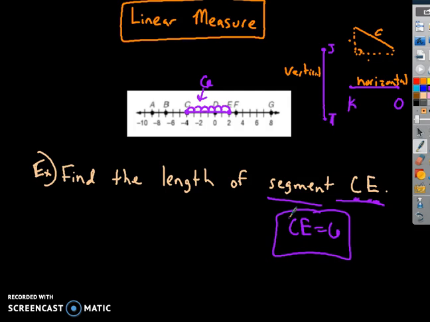Now, the formula for finding a horizontal length or vertical length, truthfully, is you start at the right and you subtract backwards. So the number on the right is 2, and I will subtract a -4. So 2 subtract a -4, that's a double negative. Mature algebra students say, well, double negative is positive. So that means 2 plus 4, or 6.